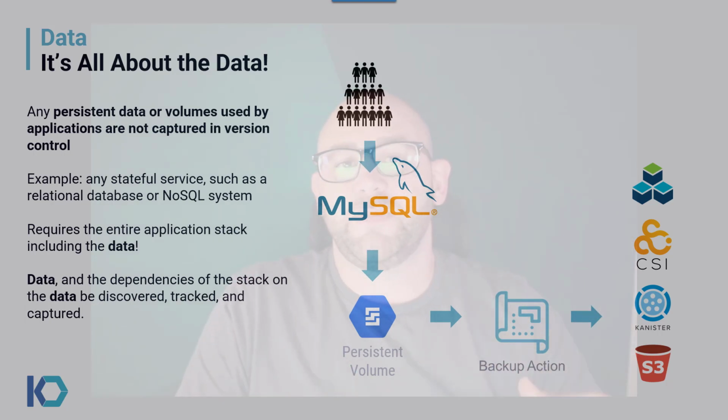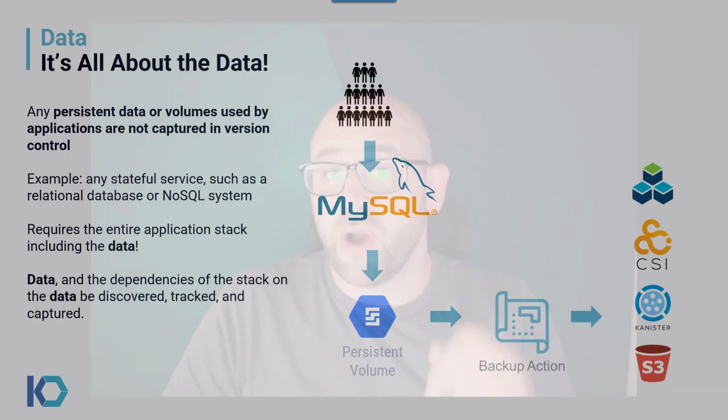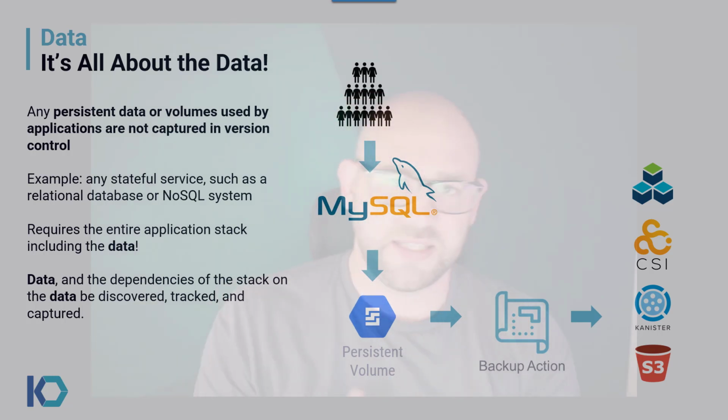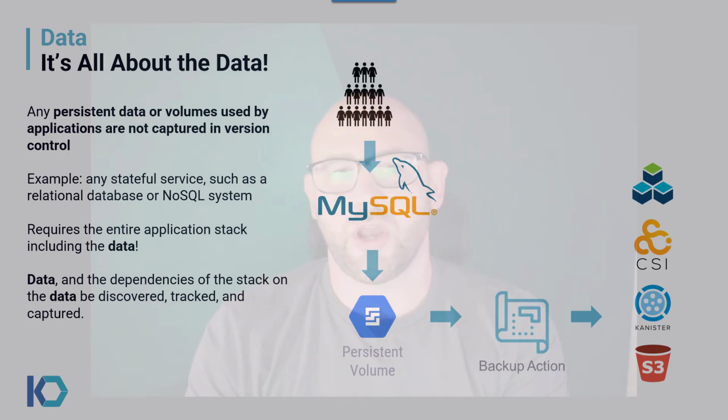So what we're going to be doing in the demo later is we're actually going to perform a backup action prior to any code changes so that we've got a good fast recovery point. Now for that recovery point, for speed in the demo, I'm just going to be using a snapshot, a local CSI snapshot, and that's going to give us a very fast recovery point.